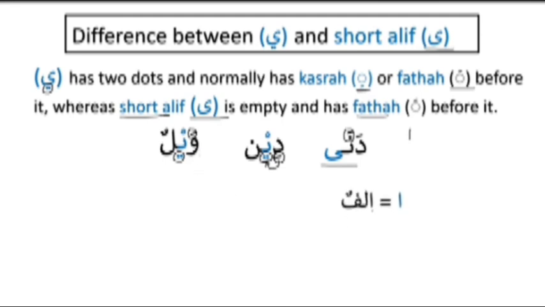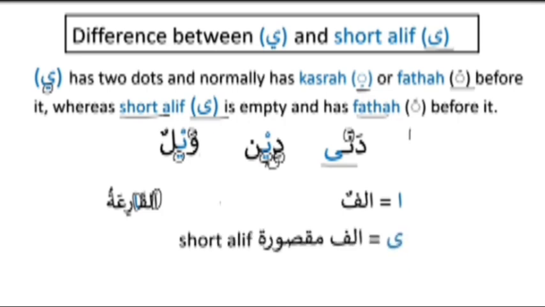Now we can see that alifun. So let's see what they are. Alifun is like this, as we can see, al-qari'ah. So where is the alif over here in al-qari'ah? Alif. The blue one, right? Hamza. Yeah, in the beginning we have hamza, and in the middle we have alif. And as I said, alif will never come in the beginning of the word.